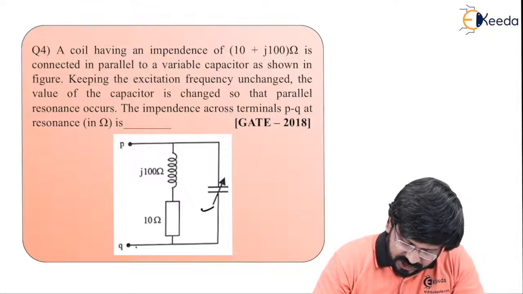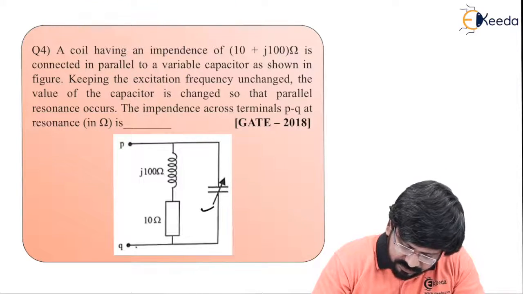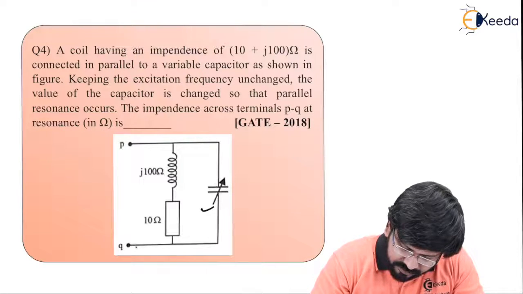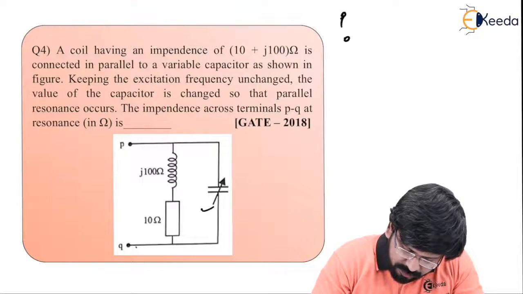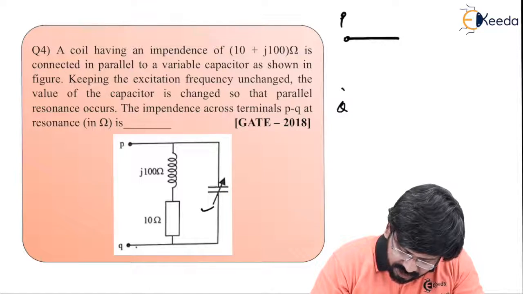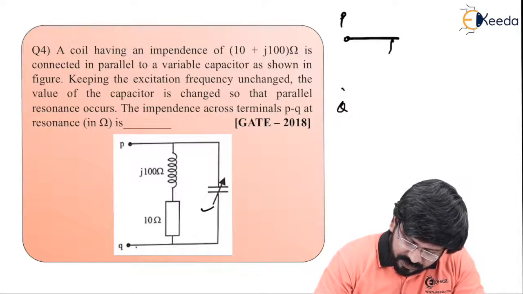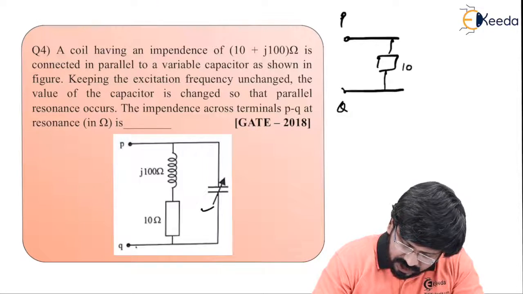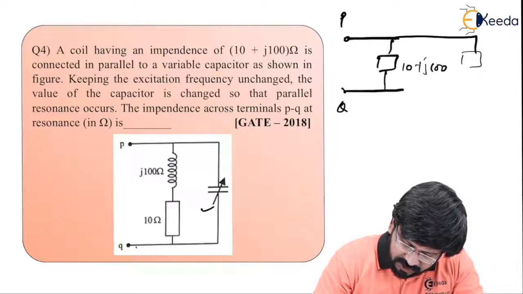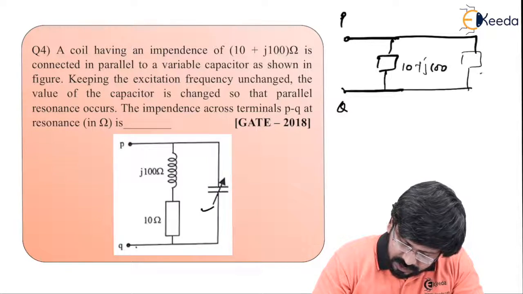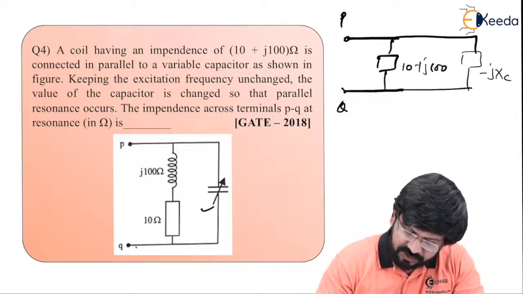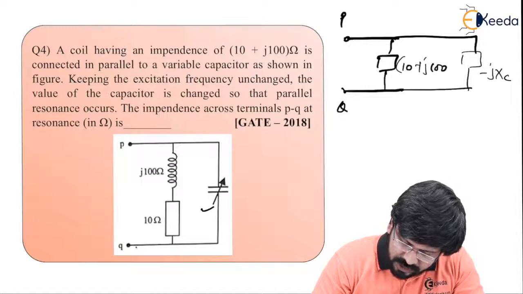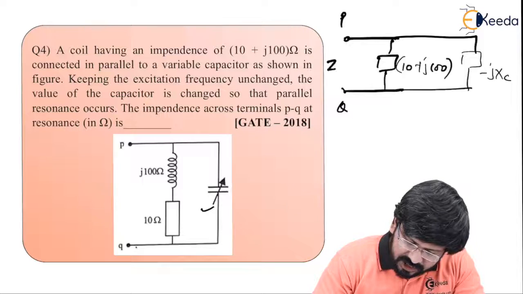In that case, let's see what we can do. Between point P and point Q, as you can see, we can have a series combination here which is 10 plus J100, which comes in parallel with, let's say, minus JXC. So we can have a parallel combination as a Z equivalent.